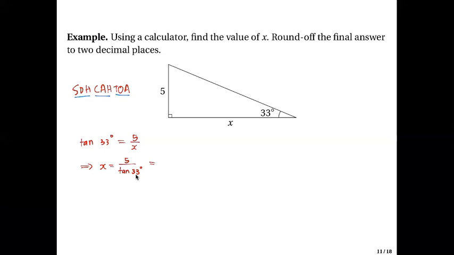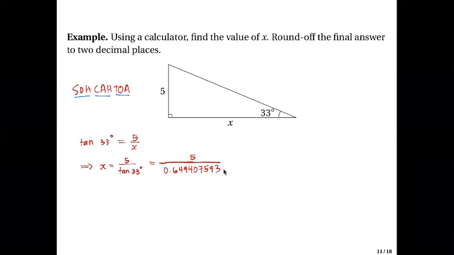Again, make sure that your calculator is in degree mode. So if we compute for tangent 33 degrees, okay, we'll get 0.649407593. And of course, the numerator, it's 5. So tangent 33 degrees, you have this number here.